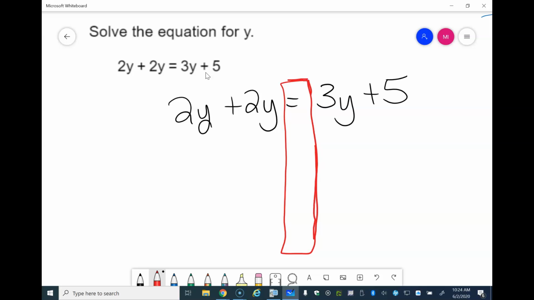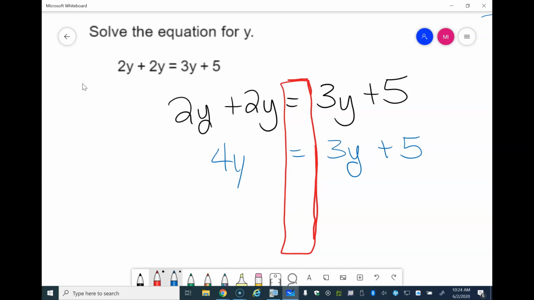So what we want to do is collect like terms first. Since both of these have y's, we can go ahead and put these two together and make it 4y. This has a y and this has a y, so I want to bring this whole part over to this side.